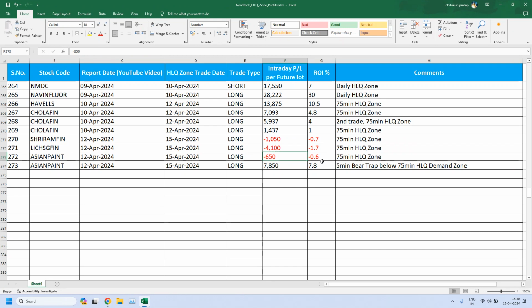It's a minimal loss, only 0.06% negative ROI based on one futures margin cost. Because Asian Paints margin cost is just around 1 lakh, a little over, 1 lakh 500 rupees or something like that. So for 1 lakh rupees, it has given 7.8% ROI.